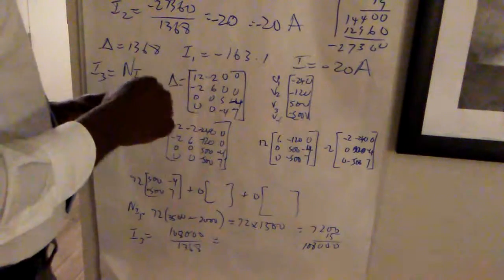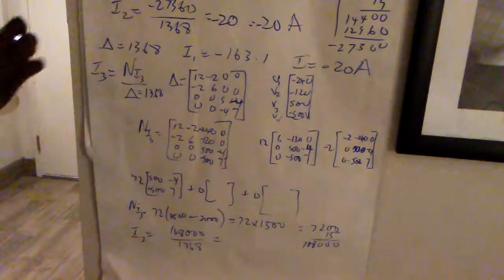Let's calculate I3 to be 108,000 by 1368.